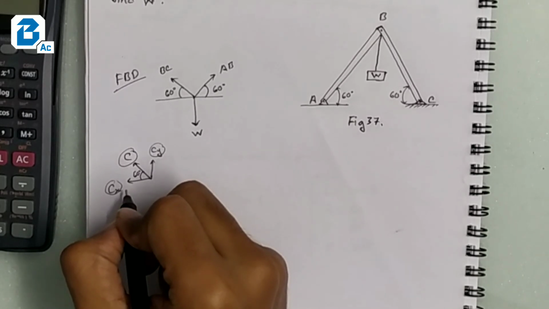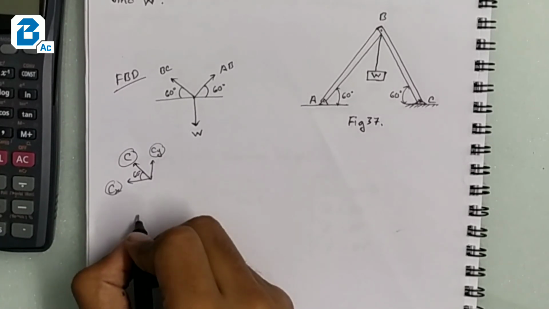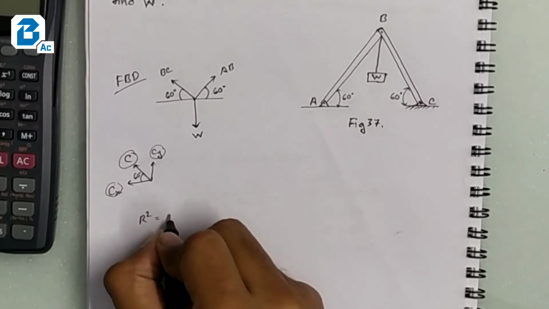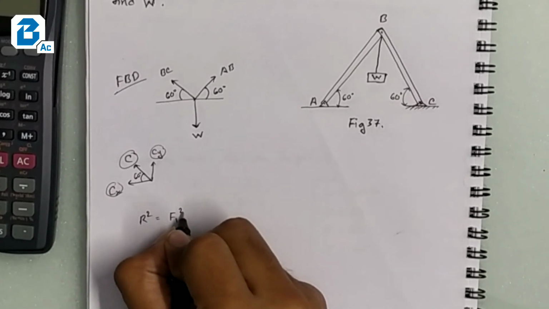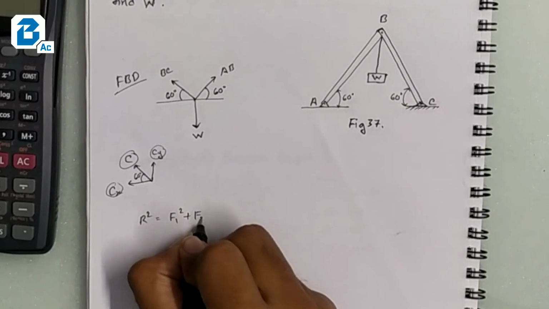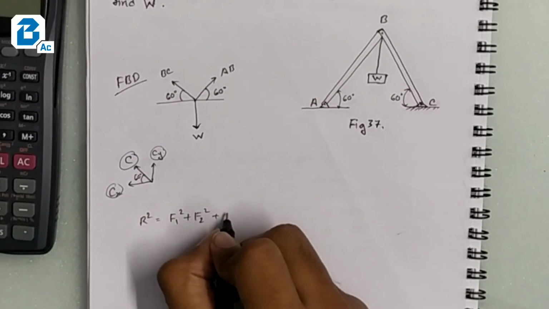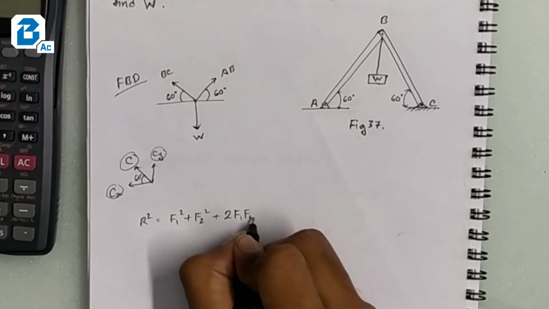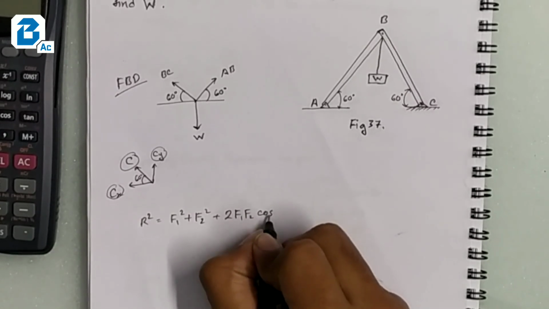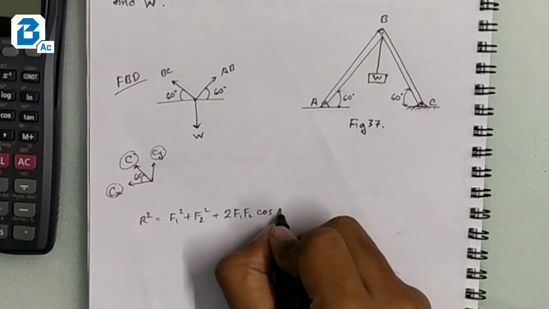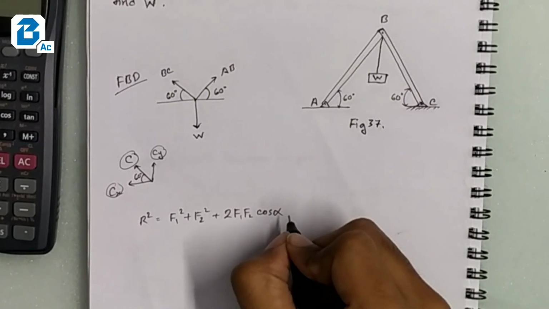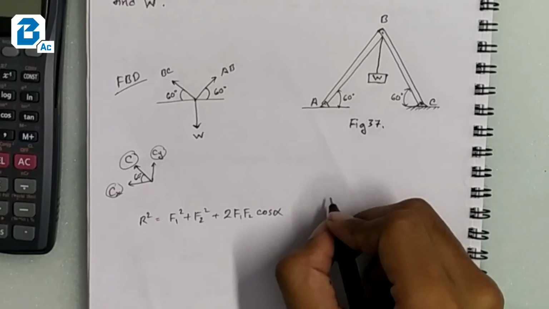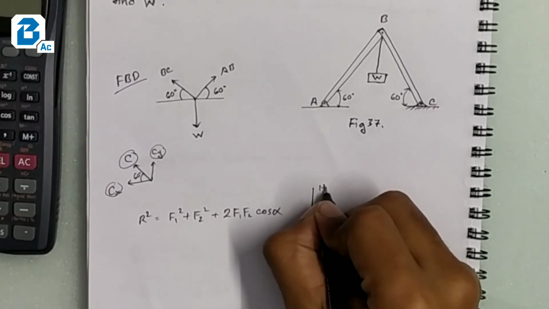So we will use the resultant theory, which is R square is equal to F1 square plus F2 square plus 2 F1 into F2 cos alpha or theta, which way we call it, doesn't matter. So we can write it like this.